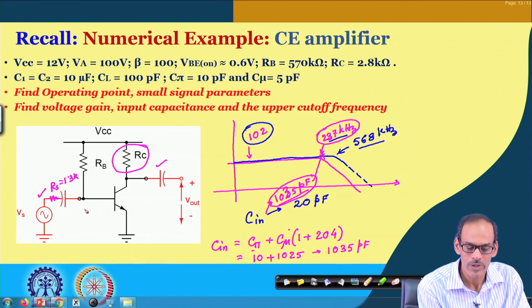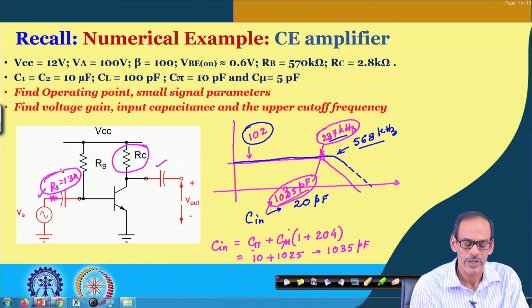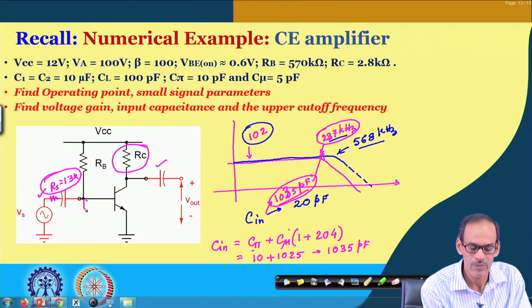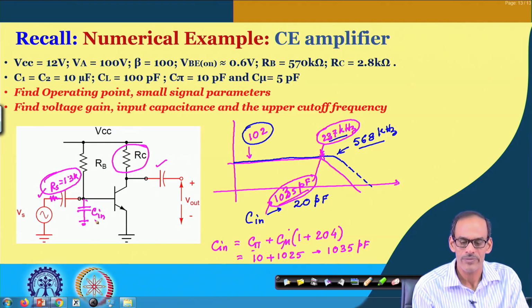But we have seen that if the input resistance and the source resistance together form a significantly low frequency pole due to this large value of C in, then the cascode amplifier gives some advantage.